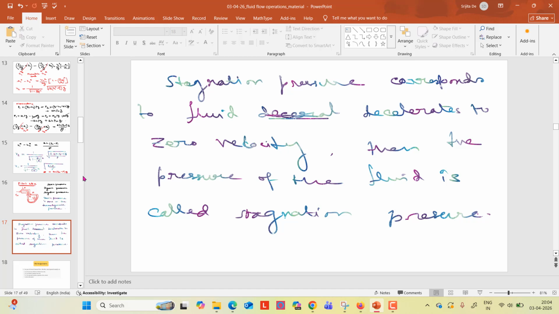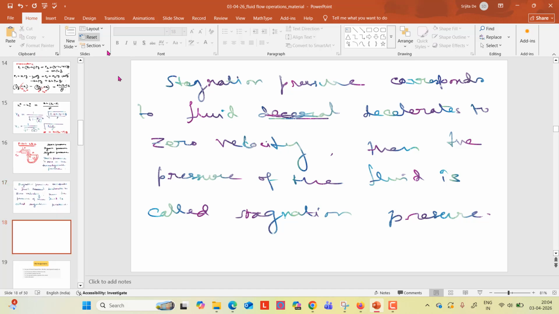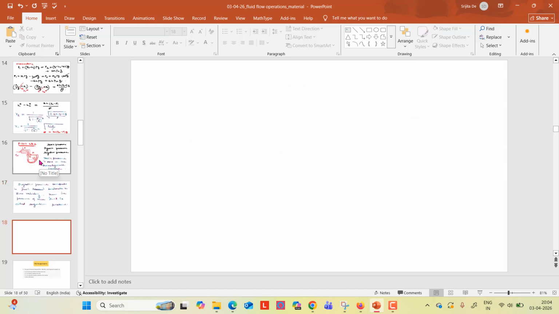So now, from Bernoulli's equation, there are three zones, right? So it is P by rho plus inlet velocity, V square by 2, and in the other case it is stagnation pressure by rho.